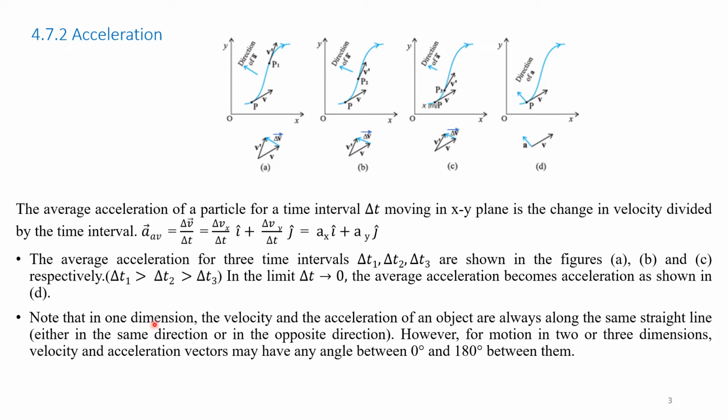Also note that in one dimension the velocity and acceleration of an object are always along the same straight line, that is either in the same direction or in the opposite direction. However, for motion in 2 or 3 dimensions, the velocity and acceleration may have any angle between 0 degrees and 180 degrees between them.